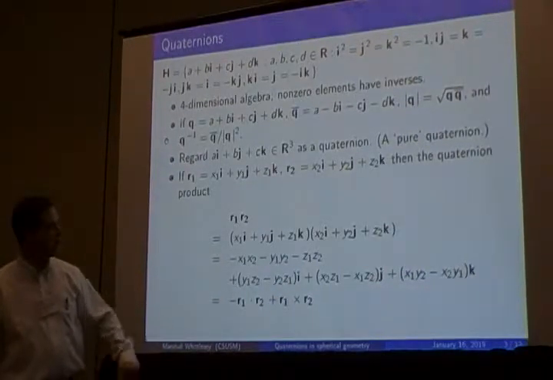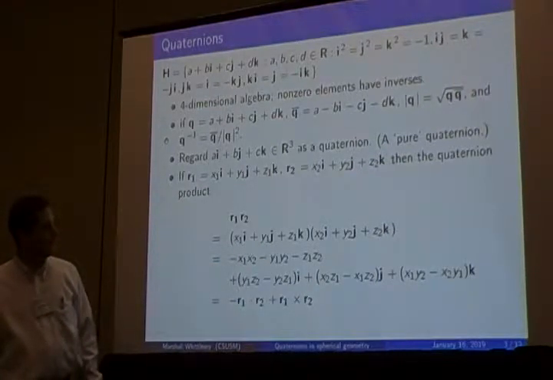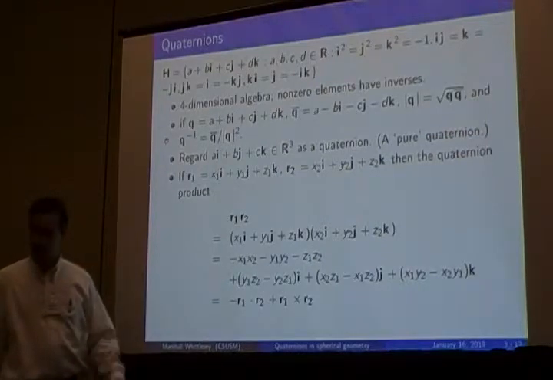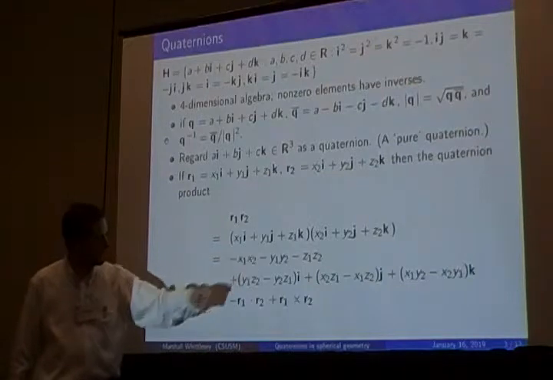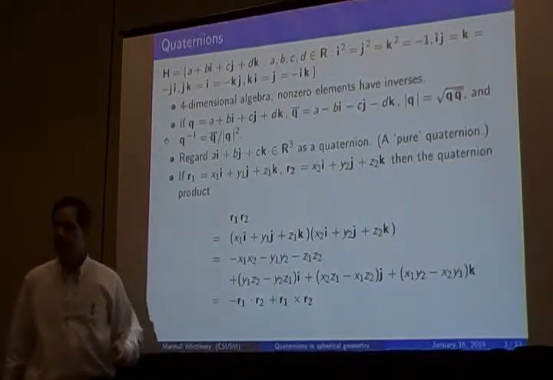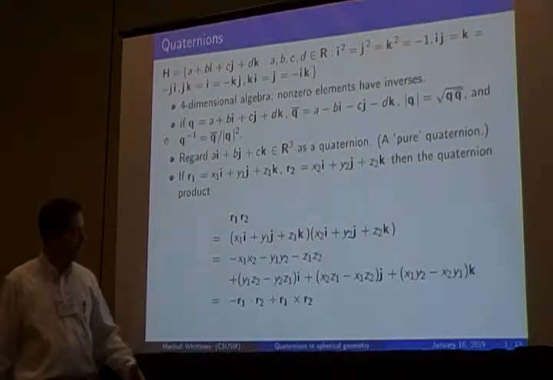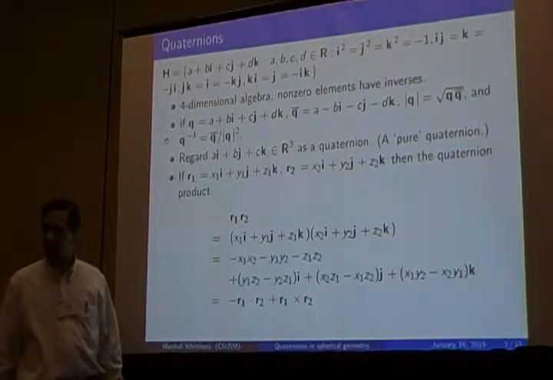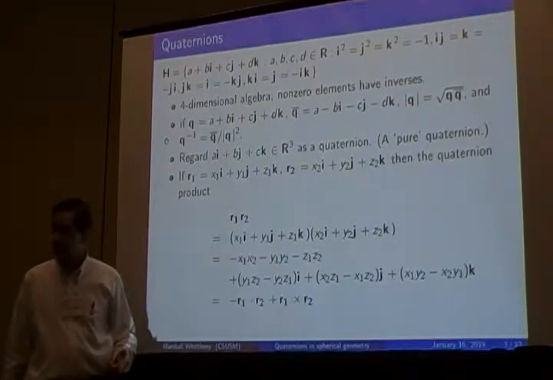The ki terms, ik and ki, produce the second term, and then the ij and ji terms produce the last term involving k, since ij is k. If you look at this, you've got the sum of those reals plus the sum of those non-real terms. What do we have? Well, as everybody knows from 3-dimensional vector geometry, that's the negative of the dot product of the 2 vectors you started with, and this set of 3 is the cross product.